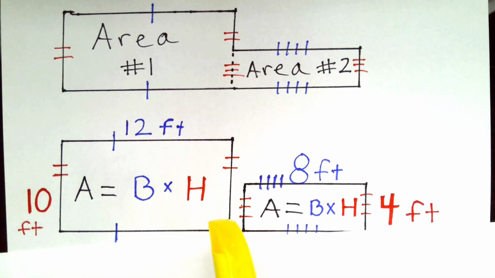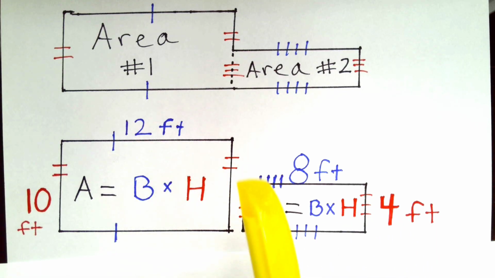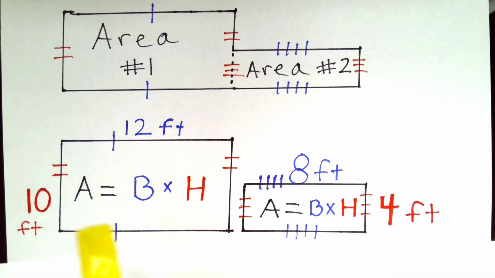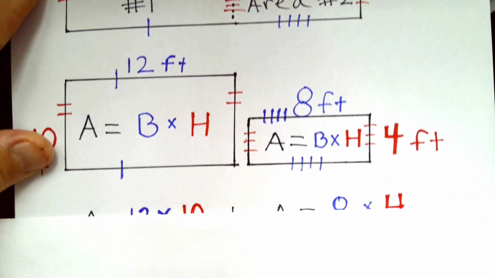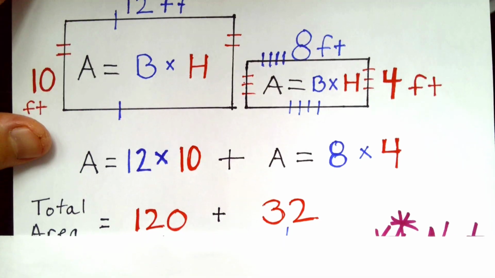So base 12 times your height 10 will give you the area of this shape. If this is 8 feet, the opposite side will also be 8 feet. This is 4 feet, the side opposite would also be 4 feet. Base 8 feet times your height 4 feet will give you the total area of this shape. Once you have the area of each of the shapes, you add them together, and guess what you got? You got that total area. And so that is our goal.